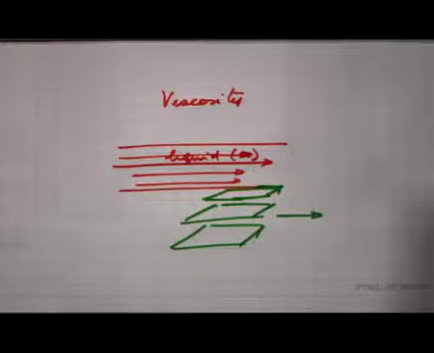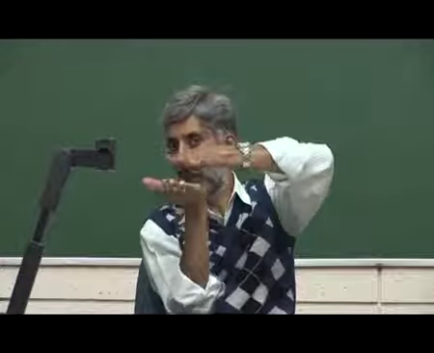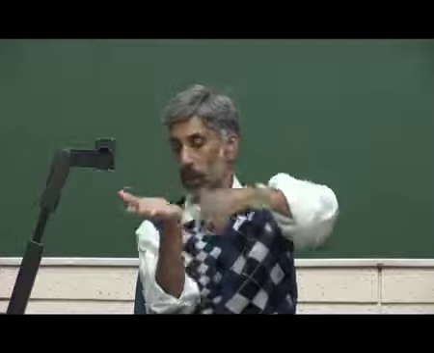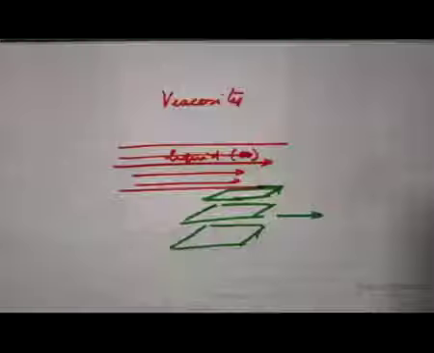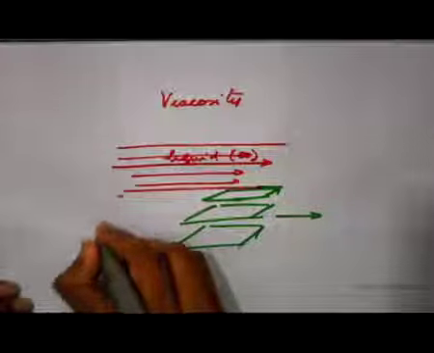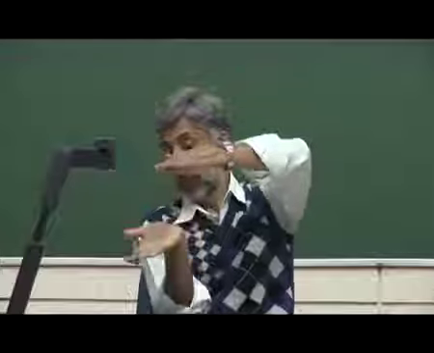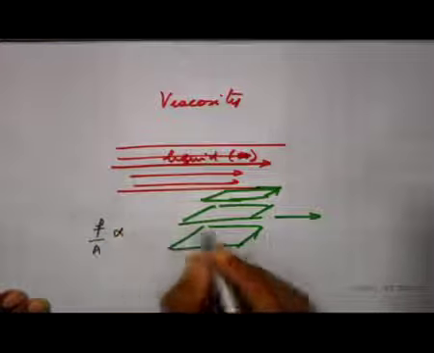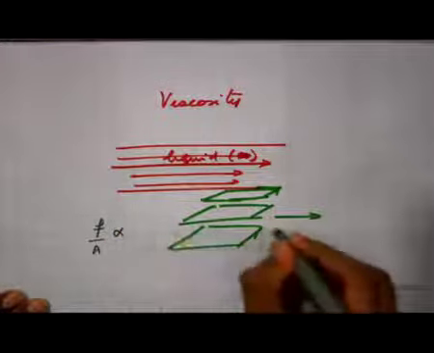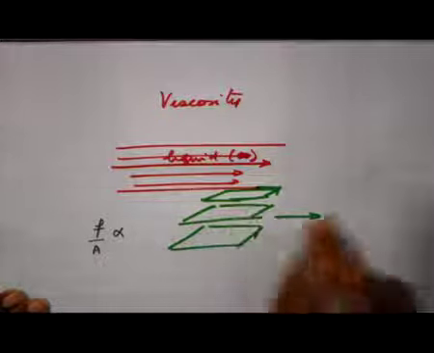So, when molecules in a plane move against each other, if you have to maintain constant velocity, the flow has to be constant, and there is a force per unit area that these planes encounter. It will be related to the gradient in the velocity in the direction perpendicular to the flow.